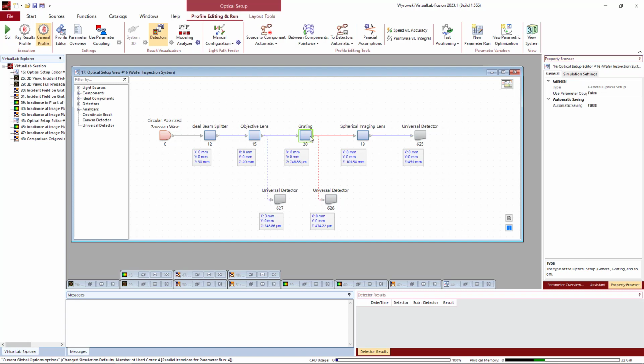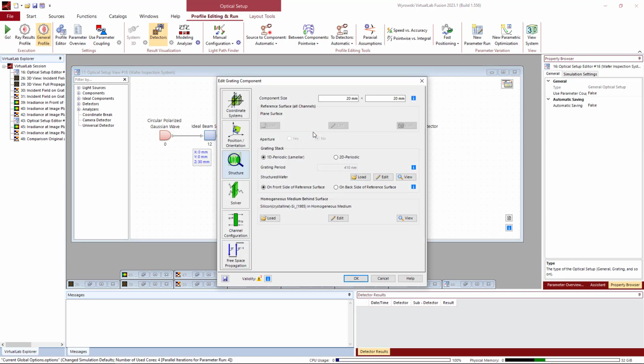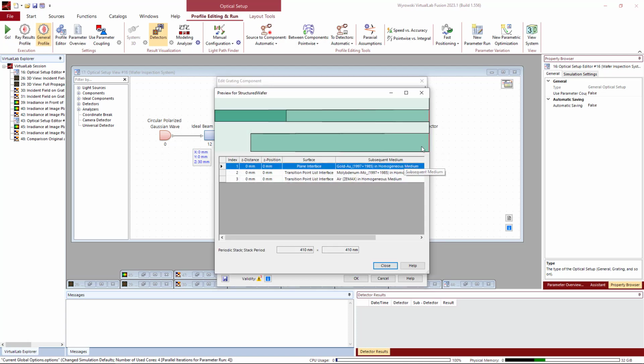So now let's take a look at our wafer. I double click on this grating component and let's look at the structure. So this is one period of the structure and it's invariant in the other direction. This is the X dimension, it's invariant in Y, and this other dimension would be Z. So we have again several materials that play a role here.